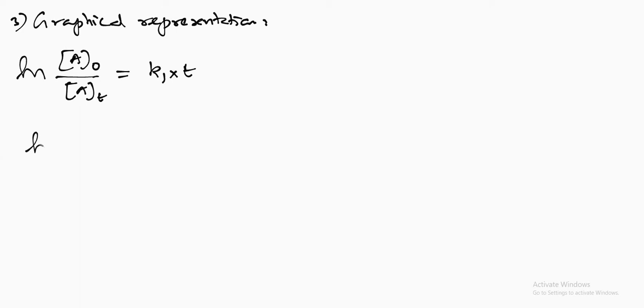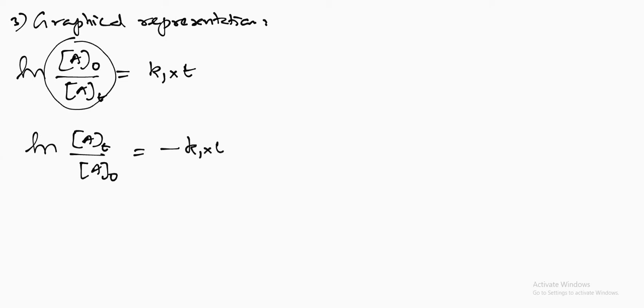Students, observe carefully. Now I'm going to take the reciprocal of A naught by AT and change it into AT by A naught. Whenever you reciprocate any quantity in a logarithmic function, the sign will change, so you should put a minus sign here.